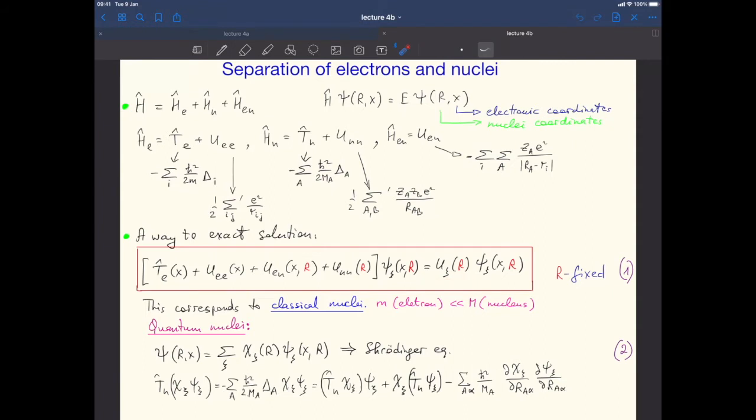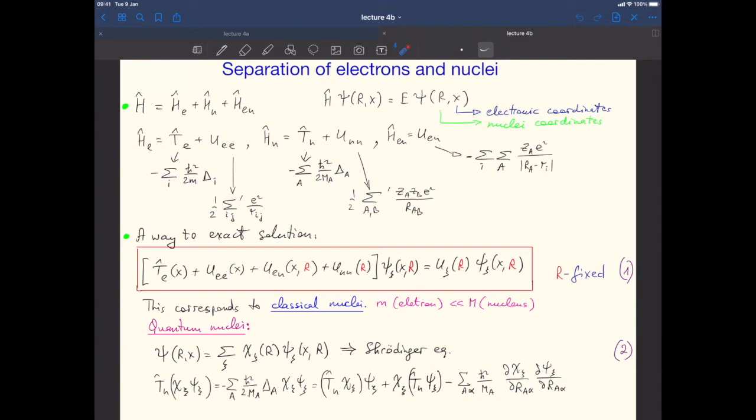So you will have that function for the electronic ground state, then another function for the first electronic excited state, and so on. One can also say that this equation corresponds to classical nuclei, because we consider nuclei as fixed, not moving, so as classical objects.